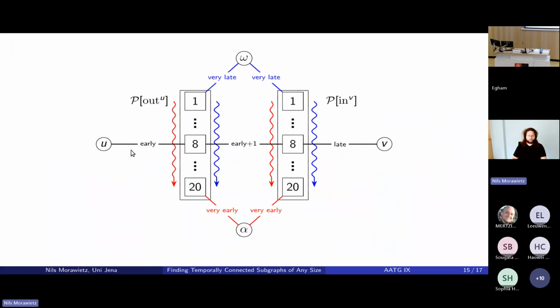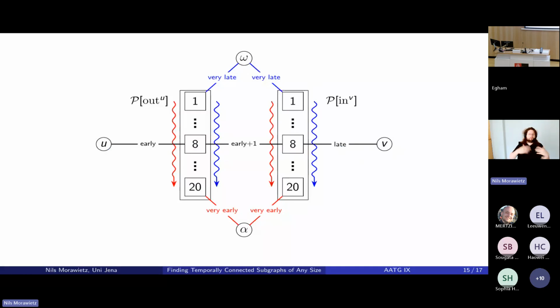And intermediately, to enable the connection from multicolored clique vertices, if they are adjacent, to go from U to V, we can go early in this gadget, cross to another gadget, and leave late to the vertex we want to go to, this vertex V.